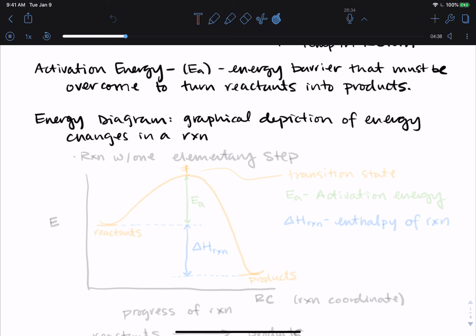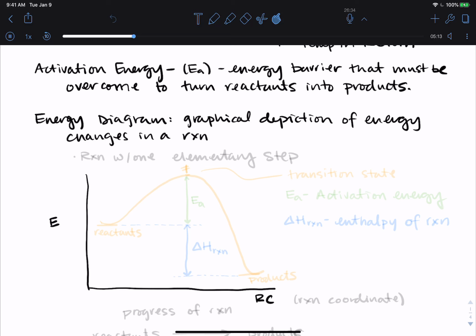So on our graph, I'm going to give you a specific scenario for this graph. We're talking about how energy changes. So energy is going to go on what our y-axis is. And then this x-axis gets labeled in a bunch of different ways. A lot of times you'll just see RC, which means nothing to you at this point.